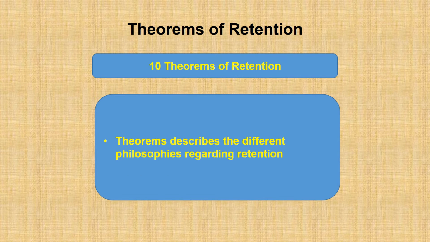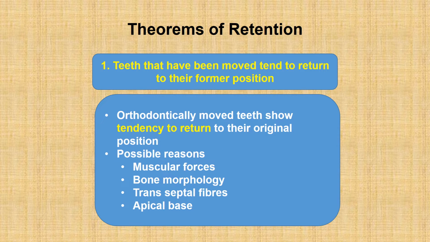Now let's look at theorems of retention. There are 10 theorems of retention. These theorems describe the different philosophies regarding retention. The first theorem is that teeth that have been moved tend to return to their former position.